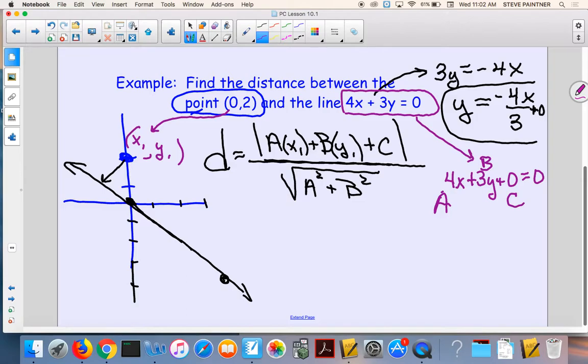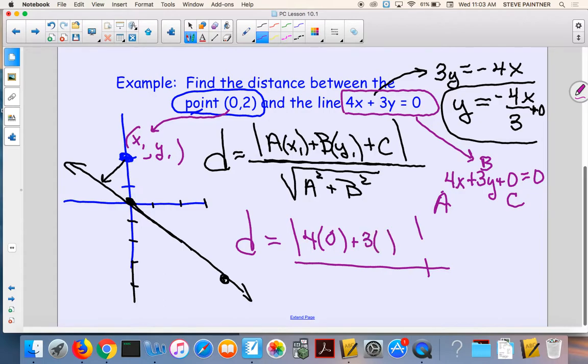So here we go. The distance between here and here would be the absolute value of A times x1. Well, A is what? 4 times x1, which is 0, plus 3 times what? y1, 2, plus C, which is 0, so there it is. On top, you're going to get 6. Absolute value of 6 is 6.